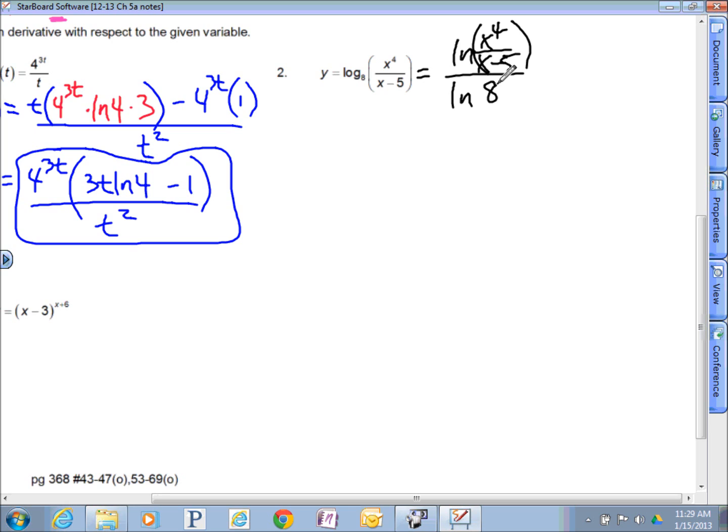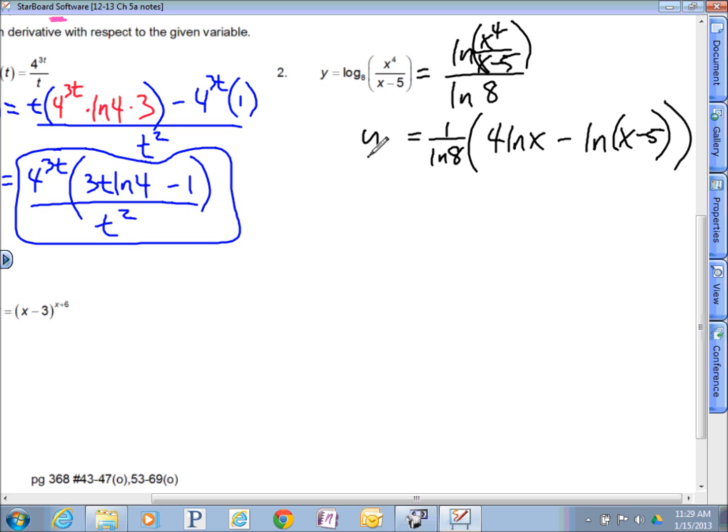So this is really 1 over natural log of 8 times, now, natural log of x to the 4th over x minus 5. Let's use log rules: 4 natural log of x minus natural log of x minus 5. Well, now, if I said that's your y, now take the derivative.